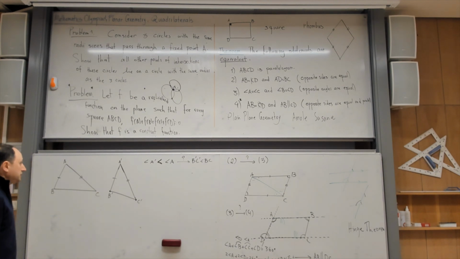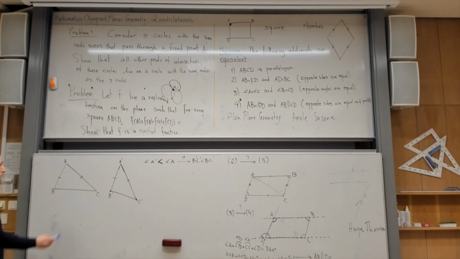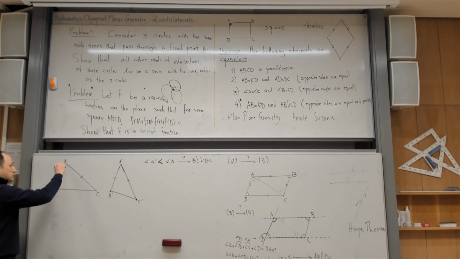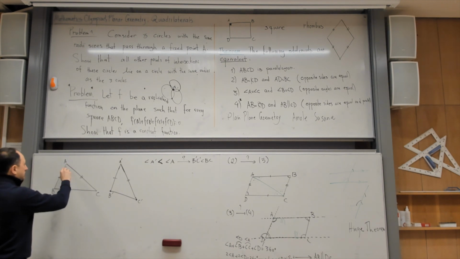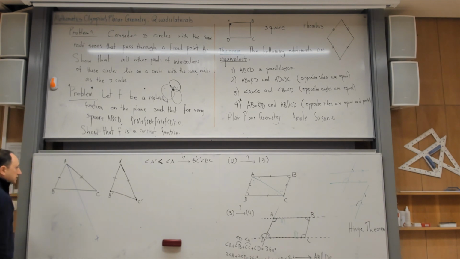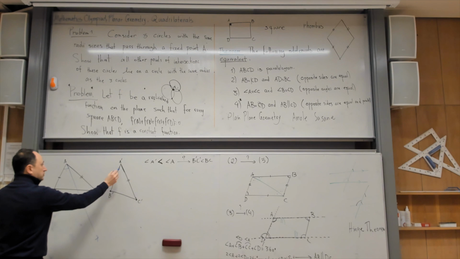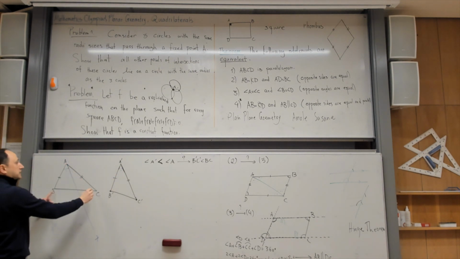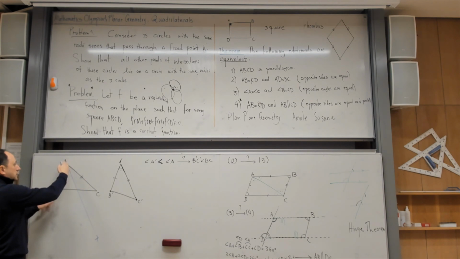We have enough time. So what we do, because this angle is smaller than that one, I draw a ray, call it AX, so that this angle becomes equal to that angle. This is possible because I am assuming that this one is bigger, so I find some ray.